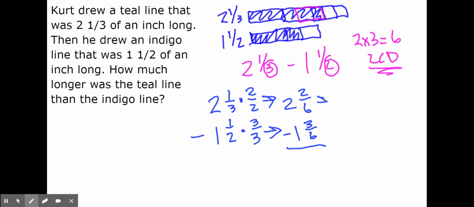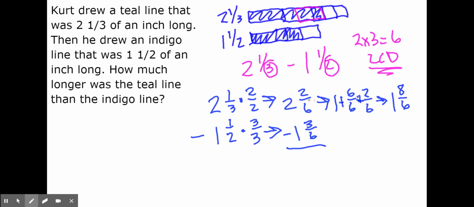So let's see what that looks like. I need to regroup one. So now I have one whole, and then I have 6/6. So that's going to be 1 and 8/6. Okay? So just like when we take our answers, if we have improper fractions, we're kind of going opposite.